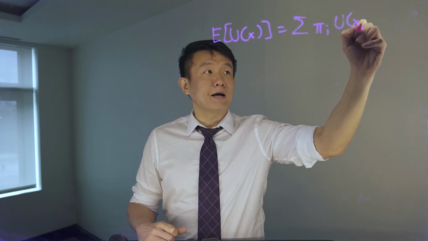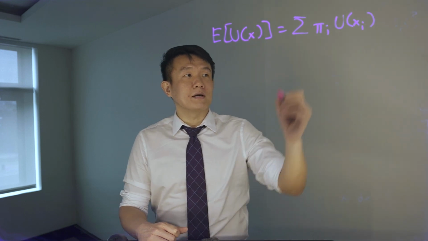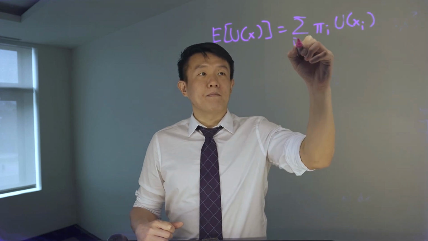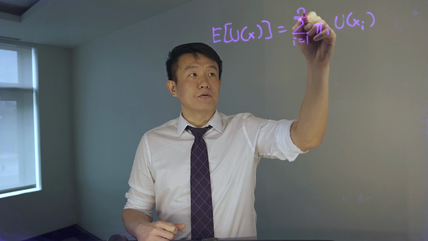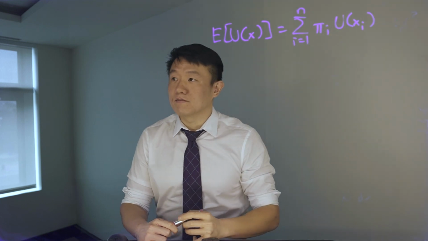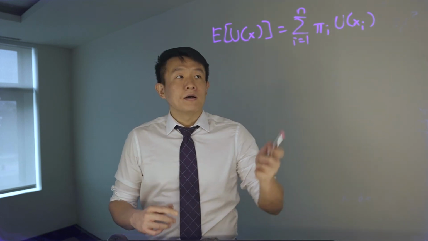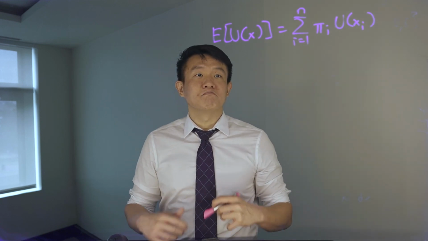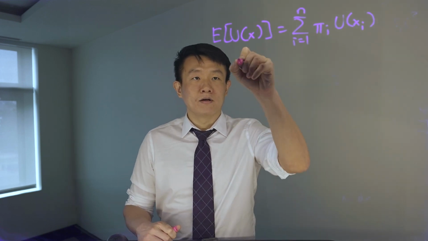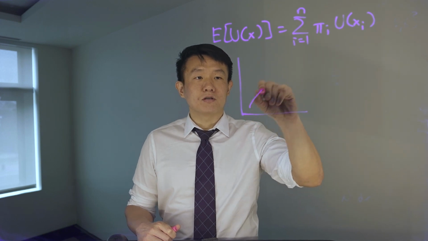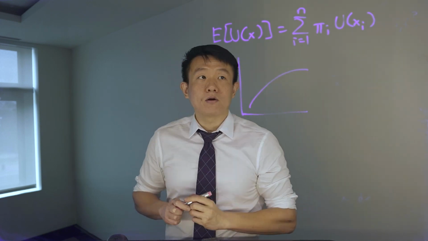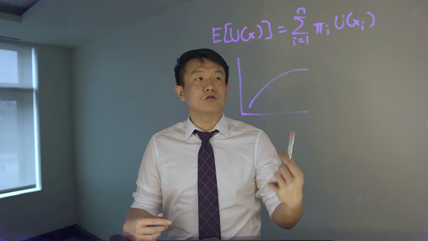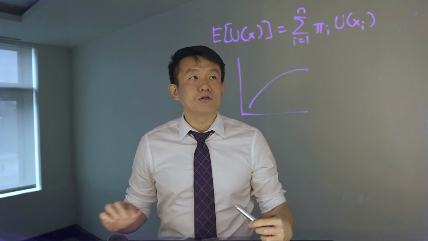So p_i is going to be the probability of x_i, and I'm going to maximize the expected value of this utility function. If the utility function is concave, which means that we have diminishing marginal utility for wealth, then we're going to have individuals who exhibit aversion to risk.